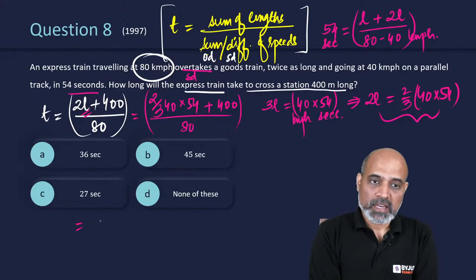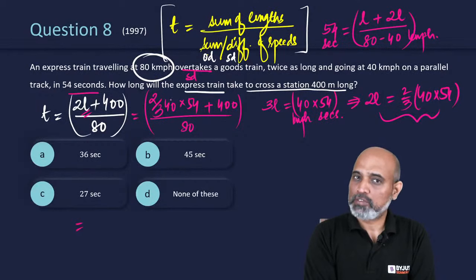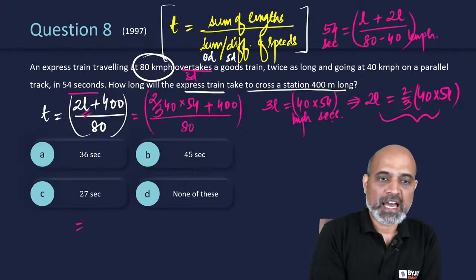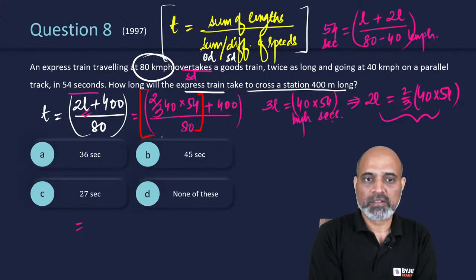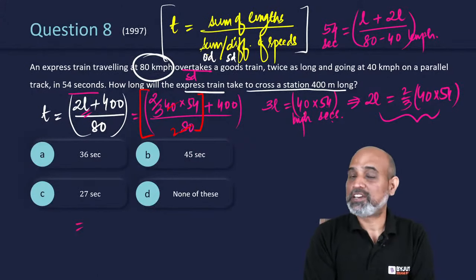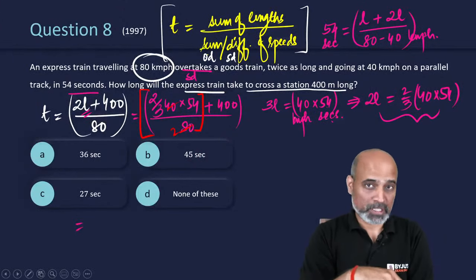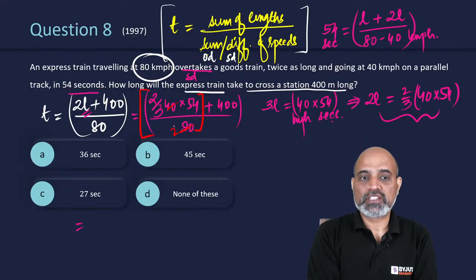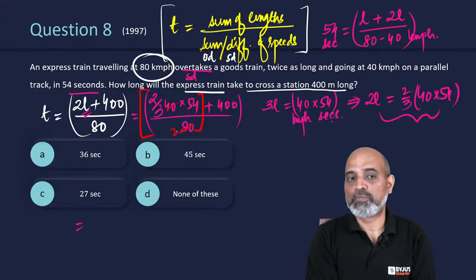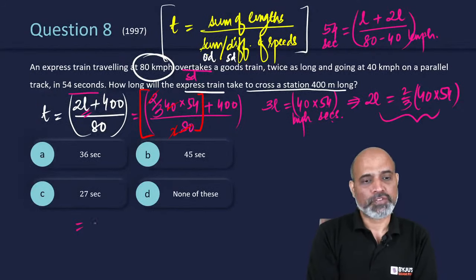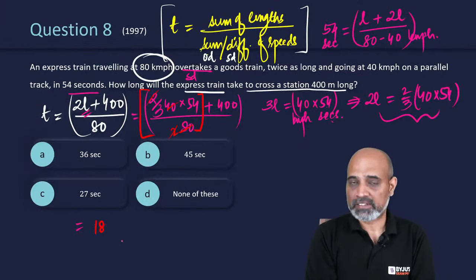Sorry, not plus between those, this is the same term. Careful, a mistake could have happened. If you look at this, remember 40 was in kilometer per hour and 54 is in seconds. If I solve this part, 40 and 80 cancel, so I don't have to convert 40 kilometer per hour into meter per second. This gives us 2/3 into 54 by 2. The 2 also cancels out. We have 54 by 3, which I believe is 18.